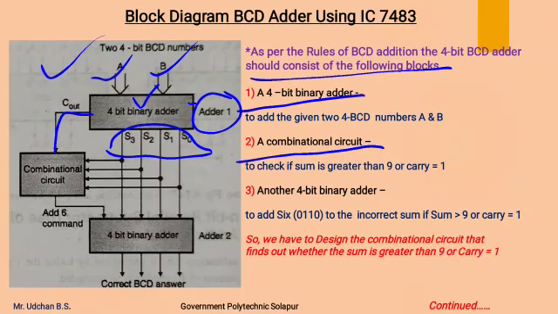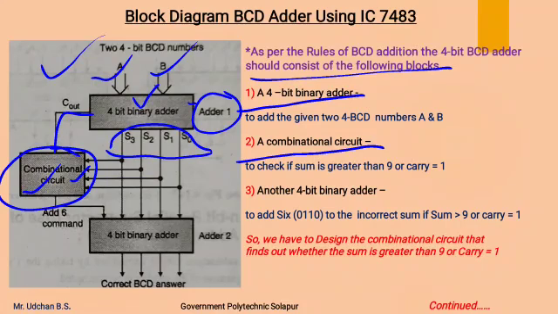So to check whether the sum is greater than 9 or whether the carry is generated or not, a combinational circuit is required. So we are going to design this combinational circuit, to which there are two inputs. The sum input is connected to this, so that whether the sum is greater than 9 or less than 9 can be checked by that, and the carry output of the adder is also connected as an input to this, so that whether carry is generated or not can be checked.